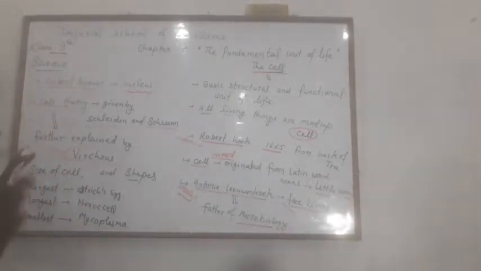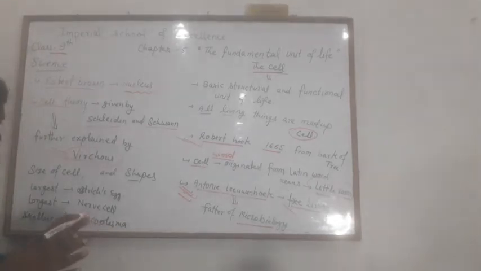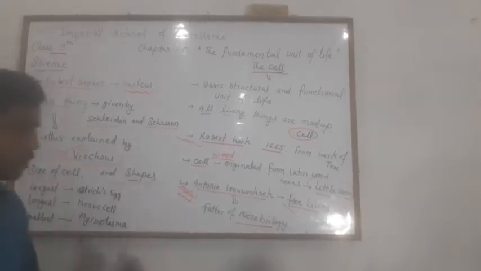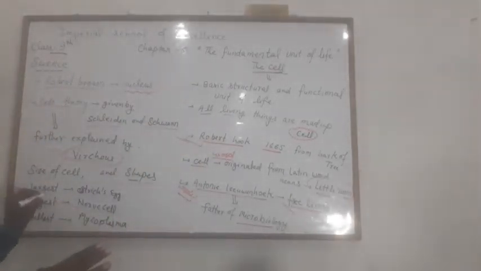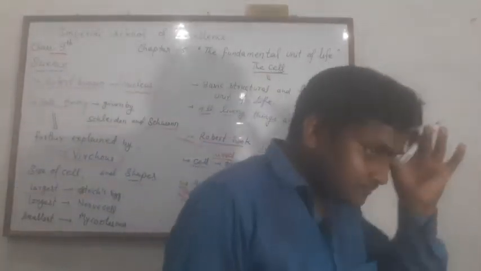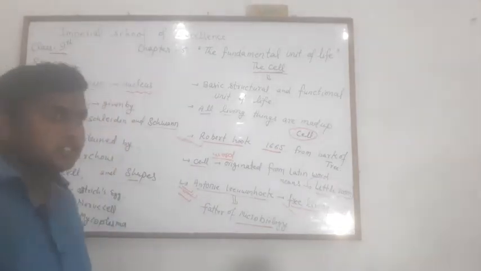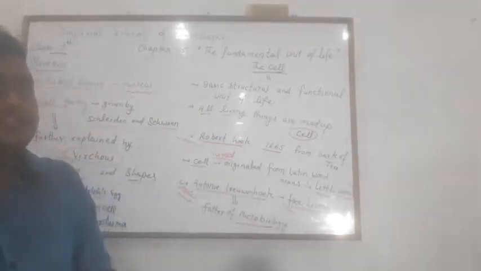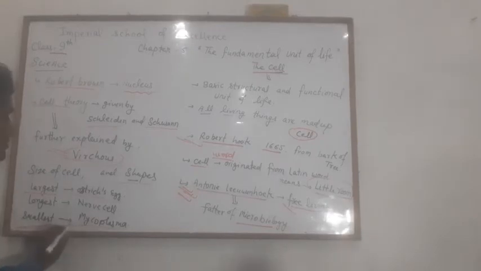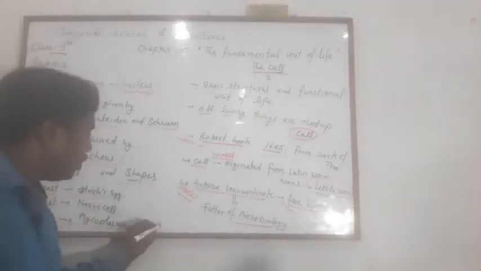Okay, now we are moving to the next, size of cell and shape of cell. What are the size of cell and the shape of the cell? If we talk about the size of cell, the largest cell is the ostrich egg, which is about 18 centimeter, and the smallest cell is mycoplasma, which is 0.1 micrometer.